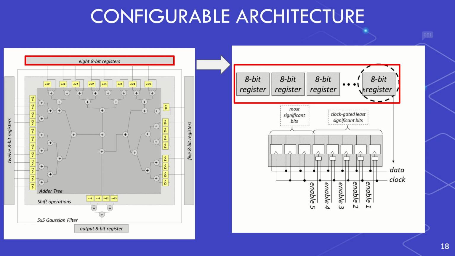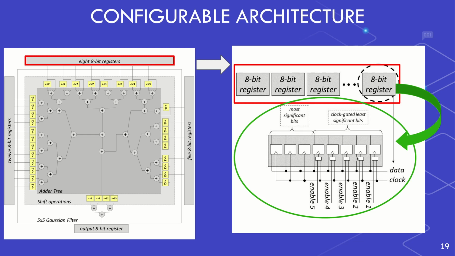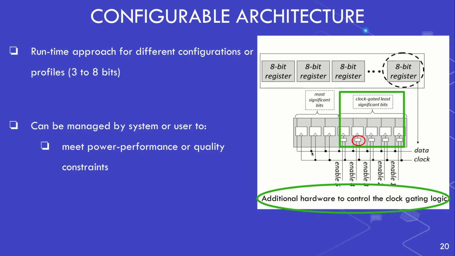Inside each of these 8-bit hashers we have this structure, and in this structure the 5 least significant bits have clock gating logic to control, with independent enable signals, different bit reductions and bit switch activities in these flip-flops.